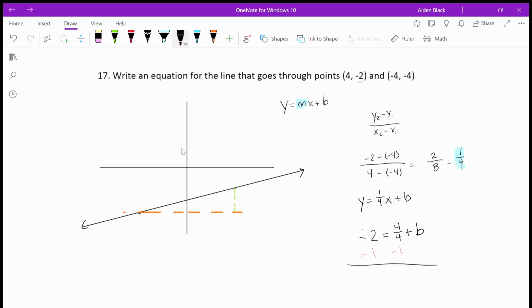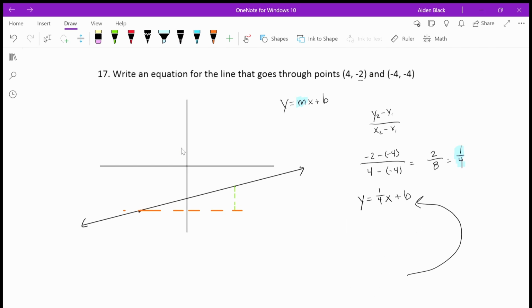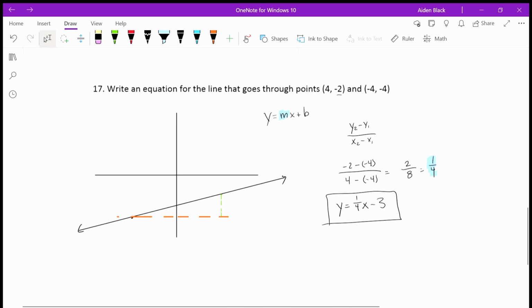And we get -3 is equal to b. So it was down 3. Cool. So take this, plug it back in here. There you go. That's the equation of that line. Positive slope, we can see from left to right it's going up. And we can tell that it doesn't pass through the origin, but rather it's shifted 3 units down.